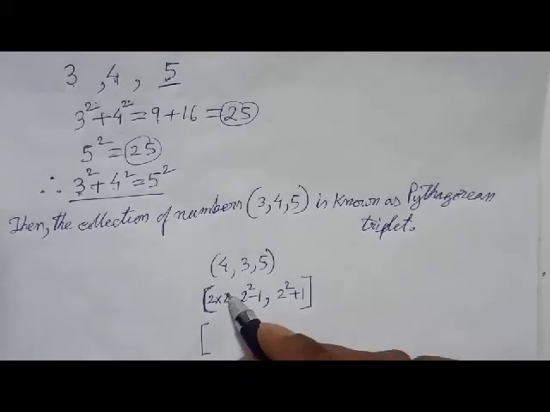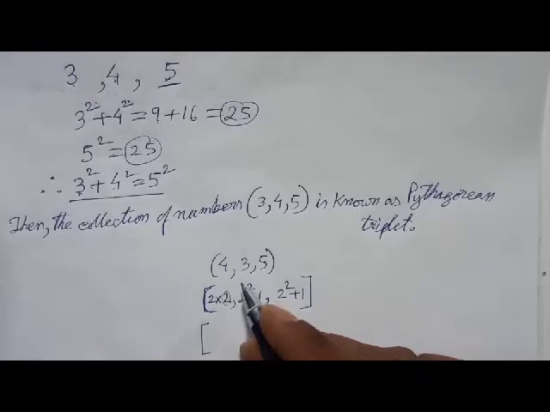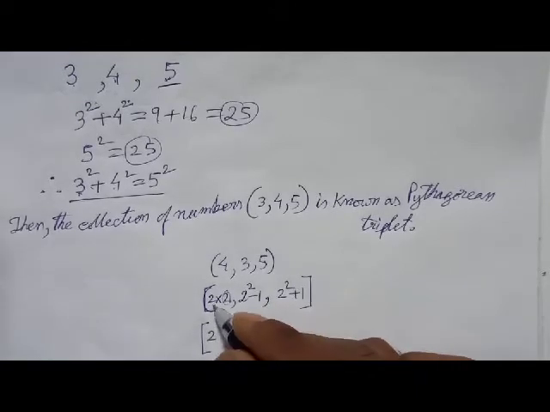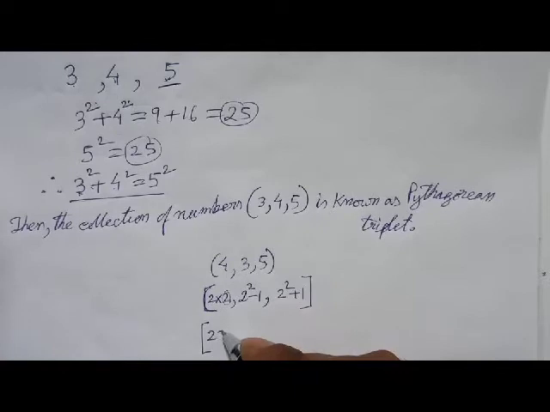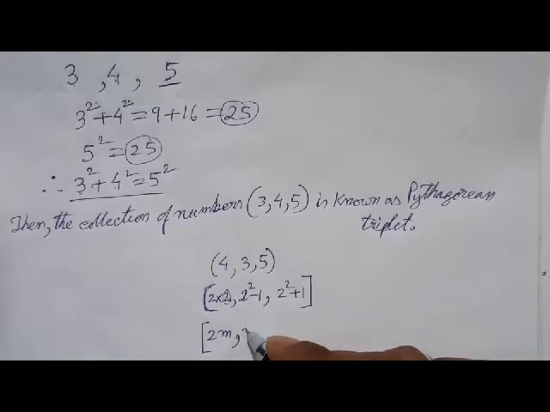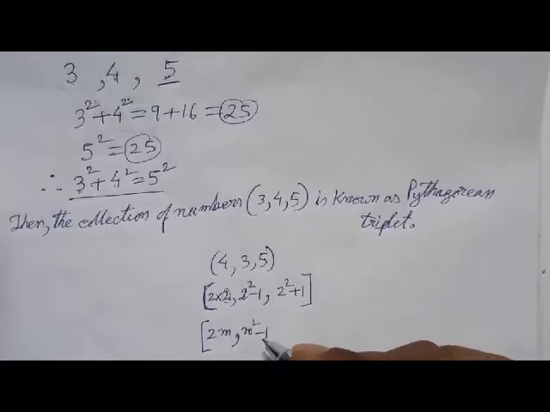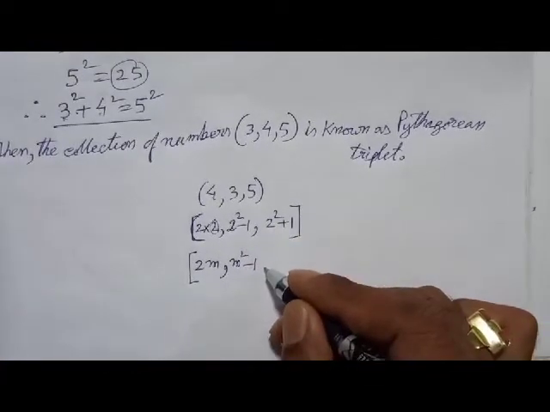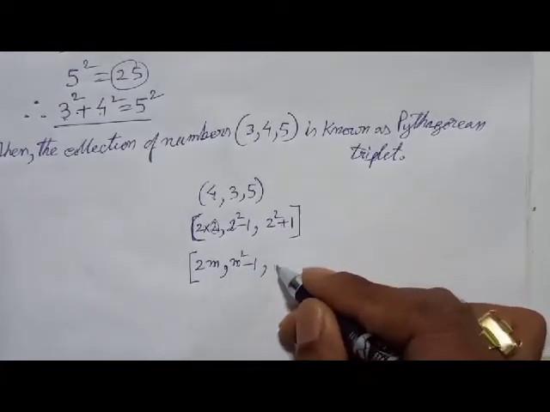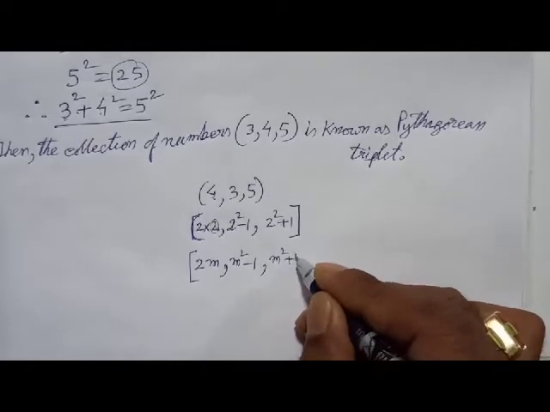If this 2 we replace by m, then 2 into 2 will be now 2m, and this is m square minus 1 and m square plus 1.